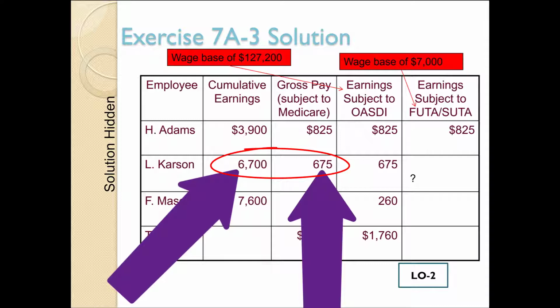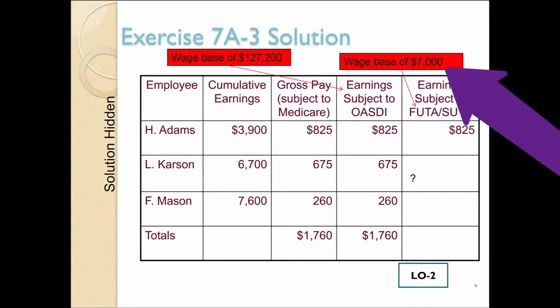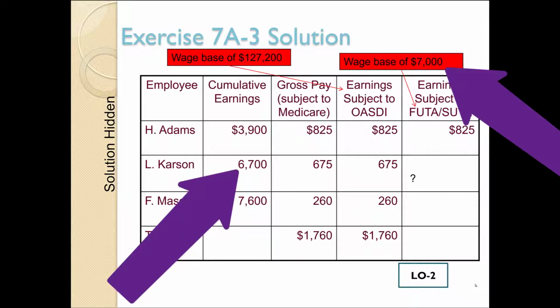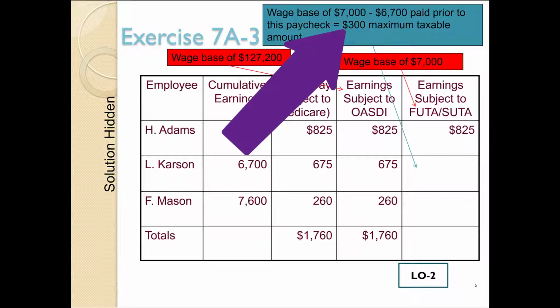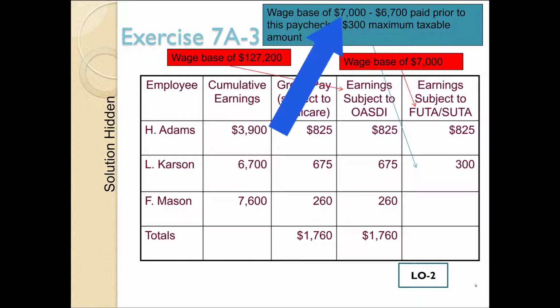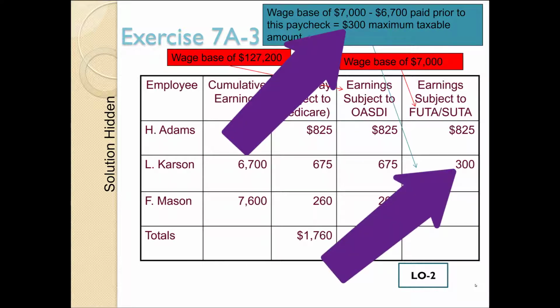It's the wage base, $7,000, minus Carson's previous cumulative earnings of $6,700. So that gives us $300 taxable amount for FUTA and SUTA for Carson.